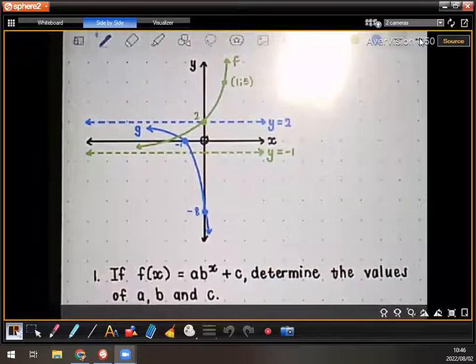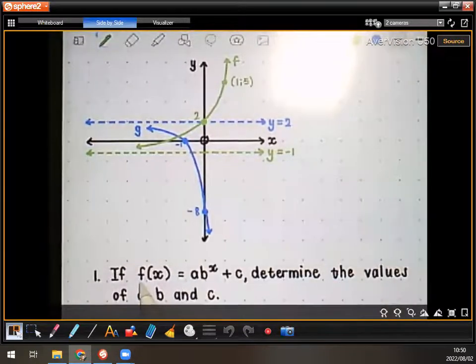So we do have to just do questions where they... So guys, x is the green graph.